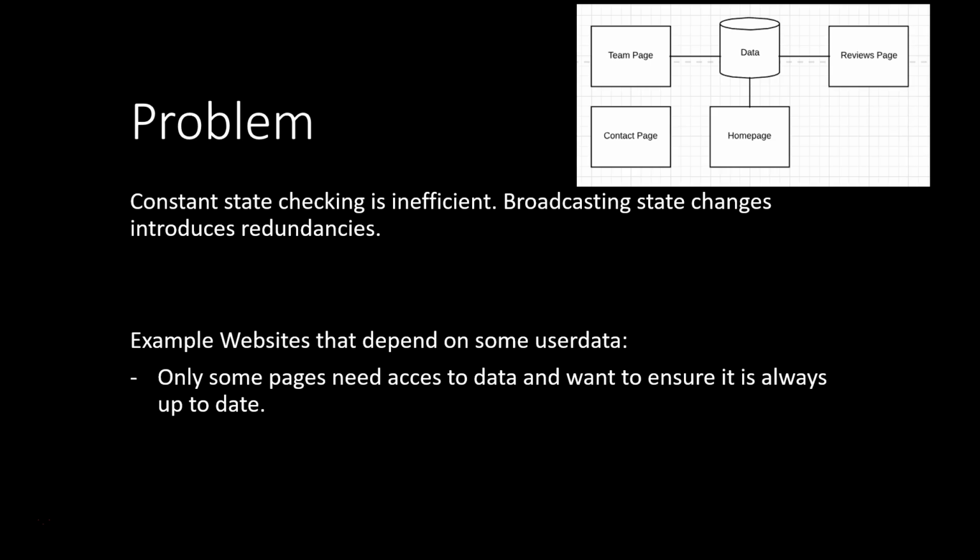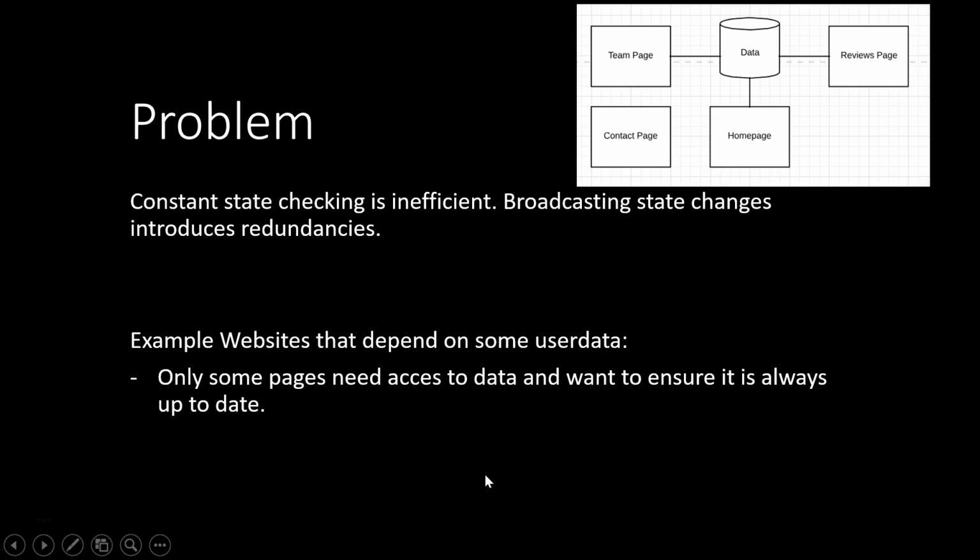So the problem is, if we want to have up-to-date web pages that use the data, we would have to do periodic checks on the data status. But that's inefficient, and it also doesn't guarantee that we're always currently up to date.